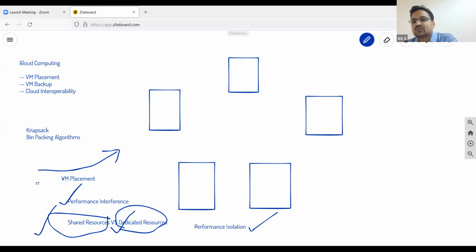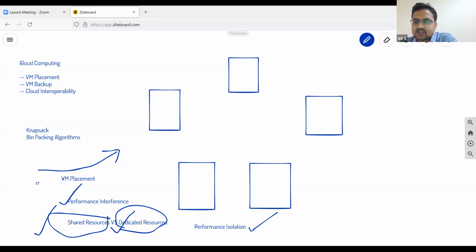So this was one side of the coin, that resource interference or performance interference should be kept in mind while doing VM placement. What should be the other ideas? Another idea is you should place a VM at a place where there is scope for increasing resources.